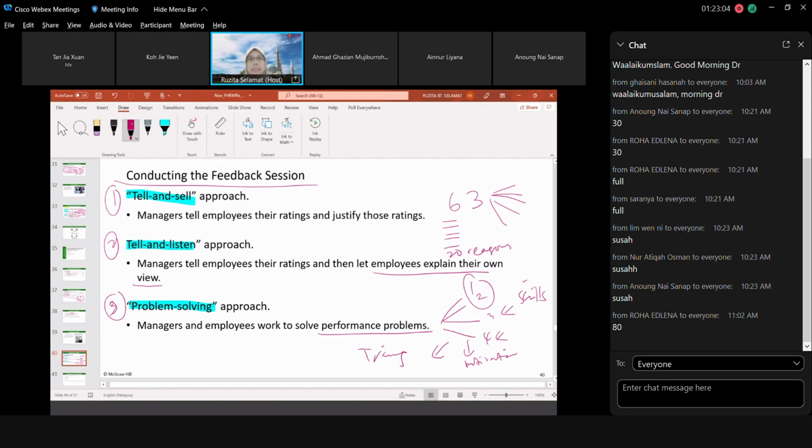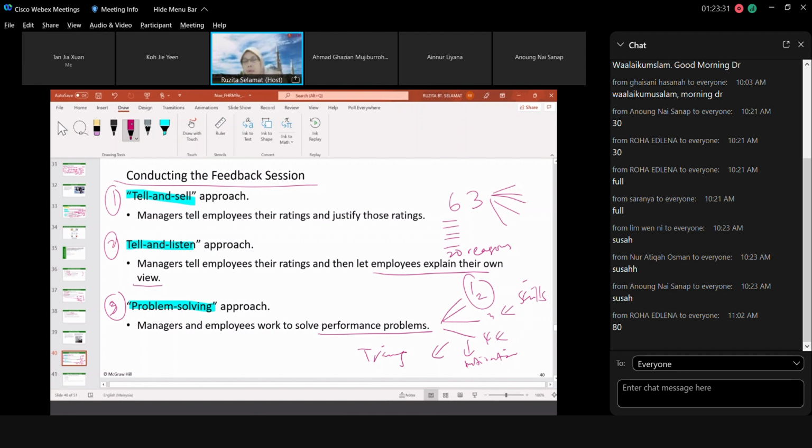The objective is to make some improvement, planning for the employees. So which one is the best? No one is the best, I guess using all 3 is the best one. Kita dah beritahu, then kita dengar pekerja punya views, then we discuss together.